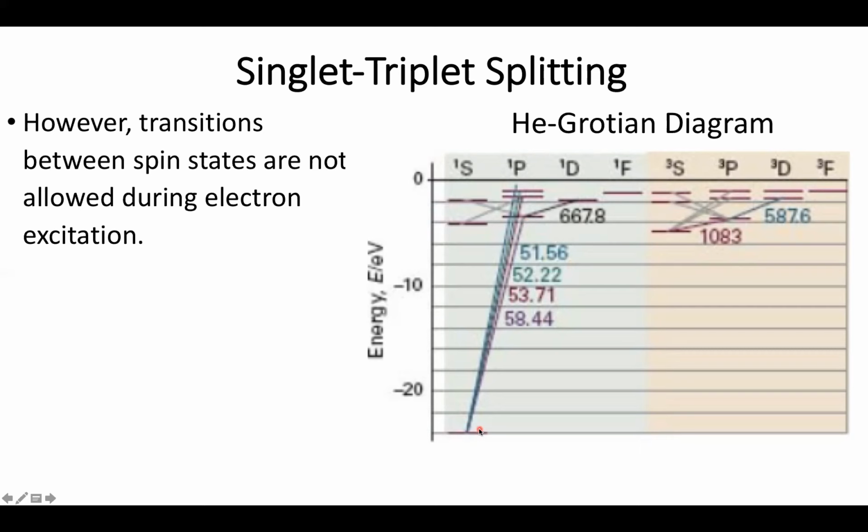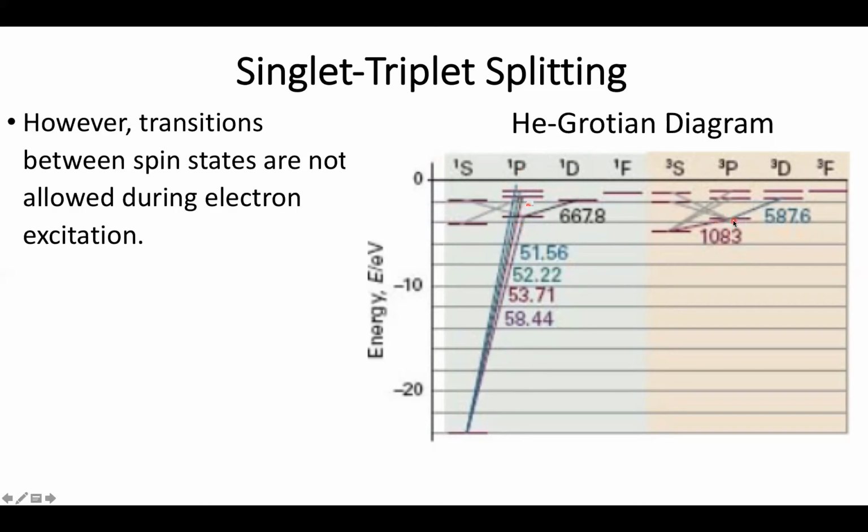So while I'm flipping my orbital angular momentum, the direction of the spin isn't allowed to move. So if I start in a singlet state, I have to go to a singlet state. No triplet states for you. So a singlet electron in the 1s state can only go to a singlet state with 1 electron in the p orbitals.